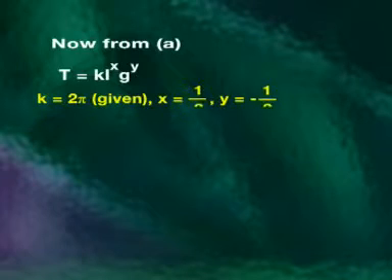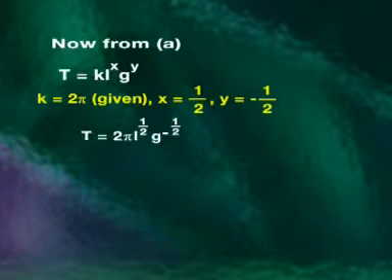K equals 2 pi, that is already given. x equals half and y equals negative half. Substituting this into the equation A, we would get T equals 2 pi L raised to the power half g raised to the power negative half.